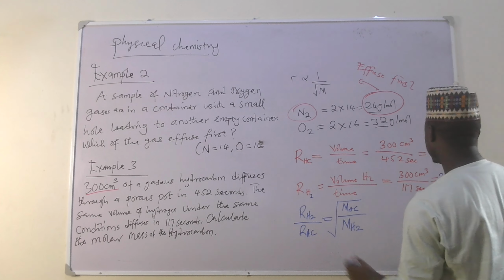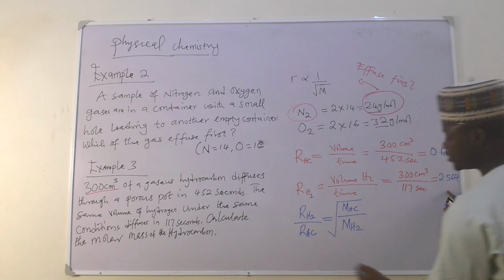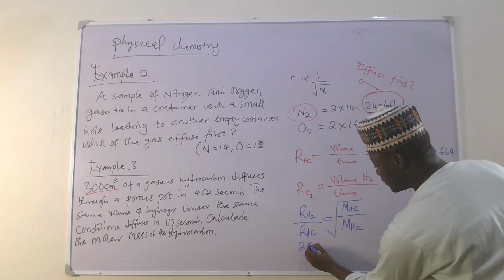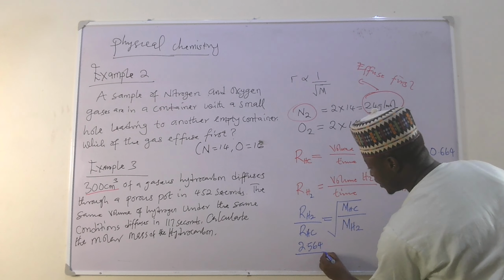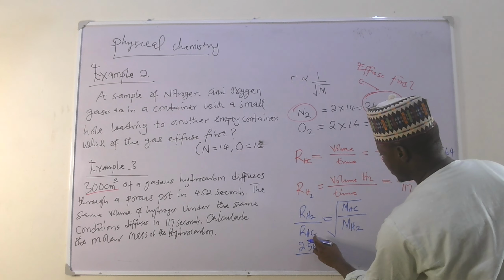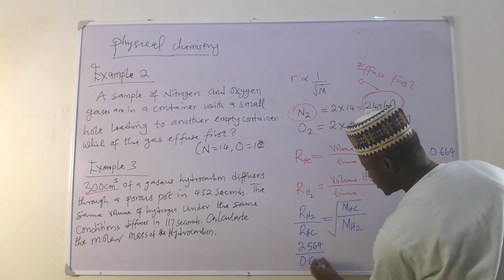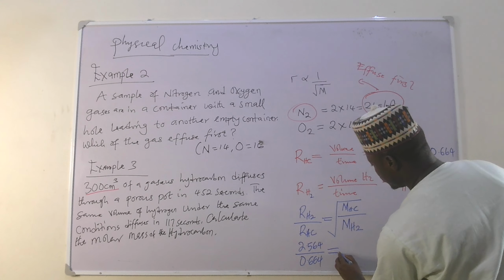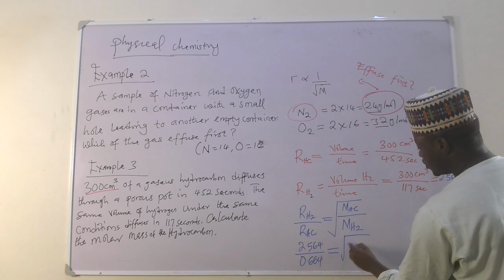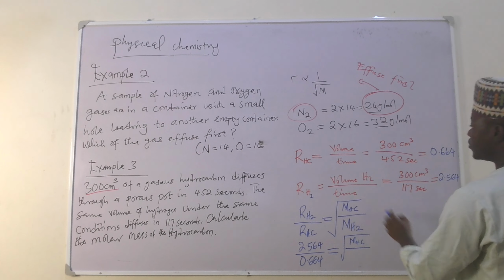The rate of diffusion of hydrogen is 2.564, divided by the rate of diffusion of the hydrocarbon, 0.664. And this is equal to the square root of the molecular mass of hydrocarbon, which is unknown, divided by the molecular mass of hydrogen.